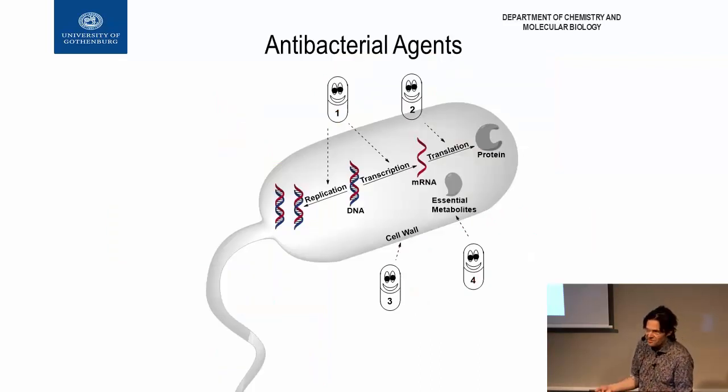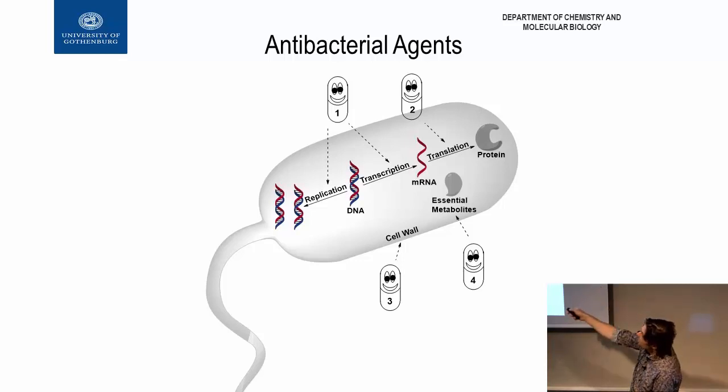Again, I'm going to do it very simple now. I tried to draw a bacterium here. And in the box here, in the letters, there are some processes that are outlined, and it's basically 4 different ones. So the bacterium has some DNA, and it uses that to replicate itself. And there is some transcription to what you call mRNA that is translated into proteins.